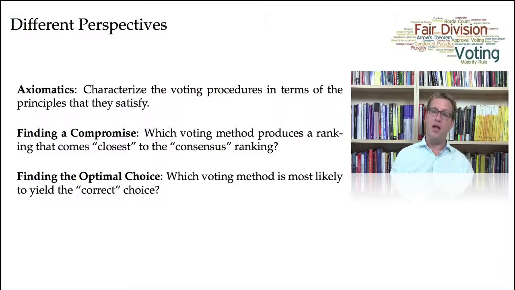And finally, we could take an epistemic perspective and classify the voting methods in terms of which voting method is most likely to yield the correct choice or the objectively correct ranking over all of the alternatives. So these are three different perspectives you could take on classifying these different methods of group decision making. And what I have at the end of this video are three quotes from very well-known philosophers, economists, and political scientists that help to explain what exactly is at stake with these different approaches to classifying different voting methods.